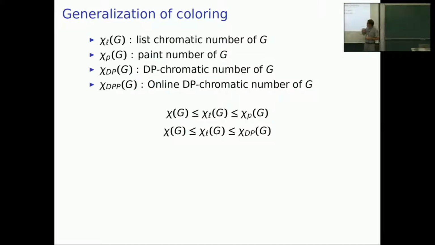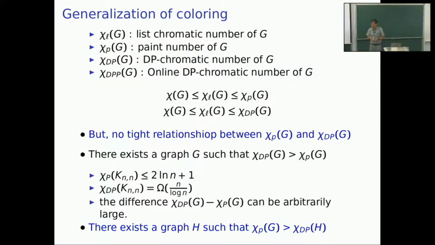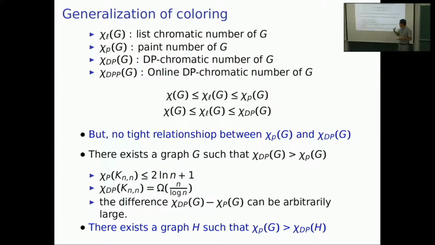But the relationship between the paint number and the DP chromatic number is not very tight. We don't have a very clear relationship. The reason is there are graphs where the DP chromatic number is much bigger than the paint number.